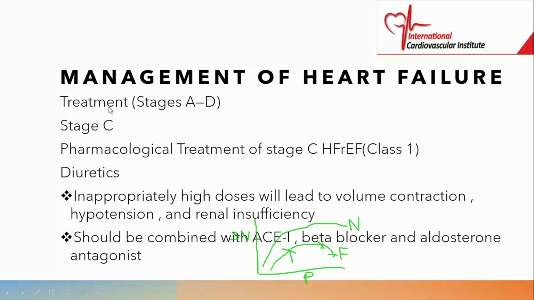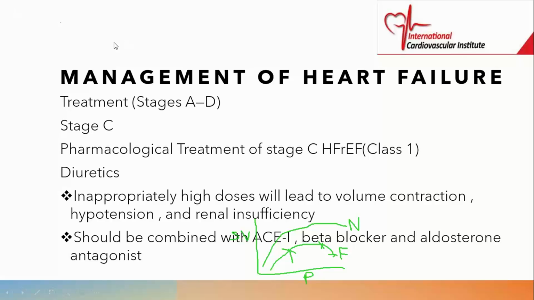Remember, we're talking about stage C heart failure. And just to recap, your stage C heart failure patients are the symptomatic patients. Either they were symptomatic sometime before, or they're currently symptomatic.